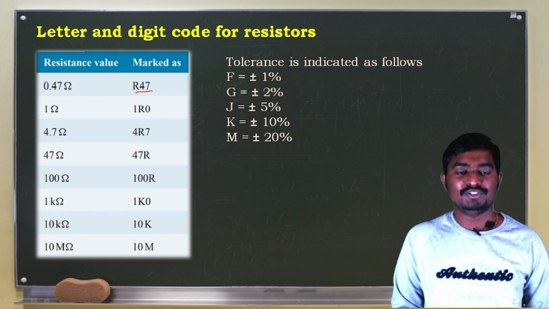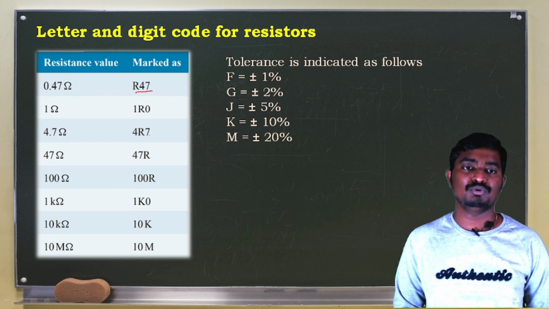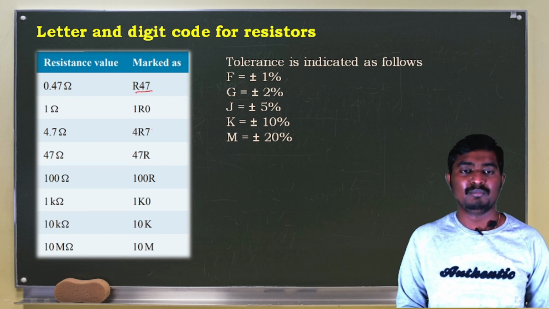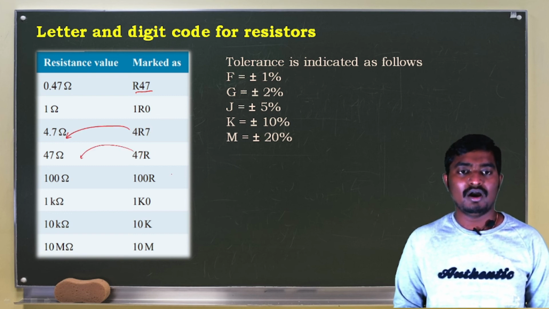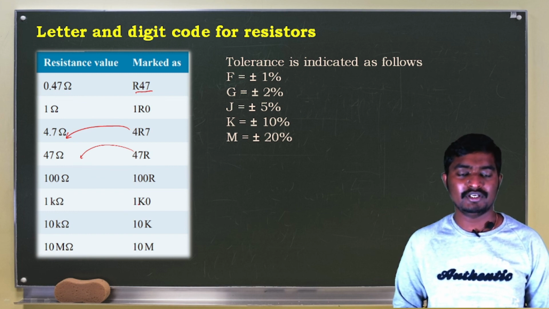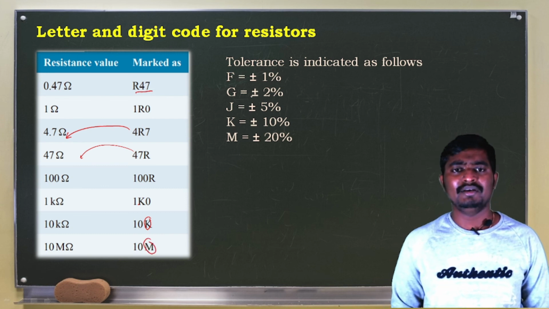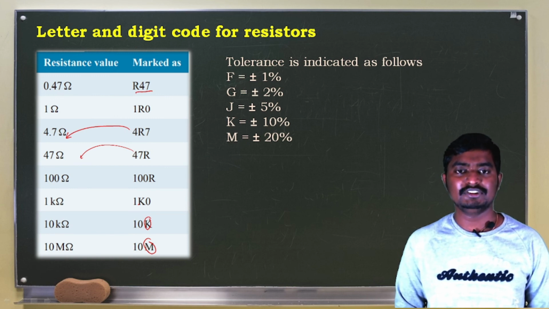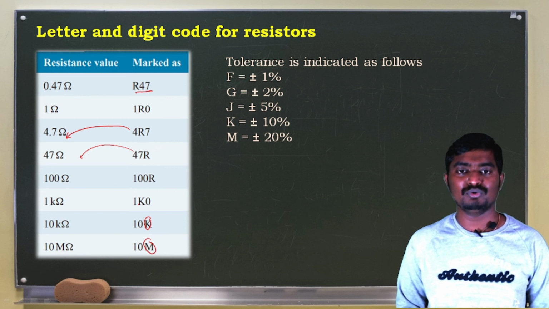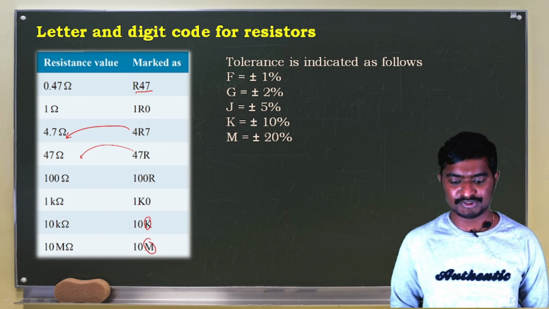So R10 is nothing but 0.10 ohm, and 4R7 means 4.7 ohm. 47R means 47 ohm. 100R is 100 ohm. 1K means 1 kilo ohm. 10K is 10 kilo ohm. 10M is 10 mega ohm. And the tolerances are given as F equal to 1%, G equal to 2%, J equal to 5%, K equal to 10%, and M equal to 20%.